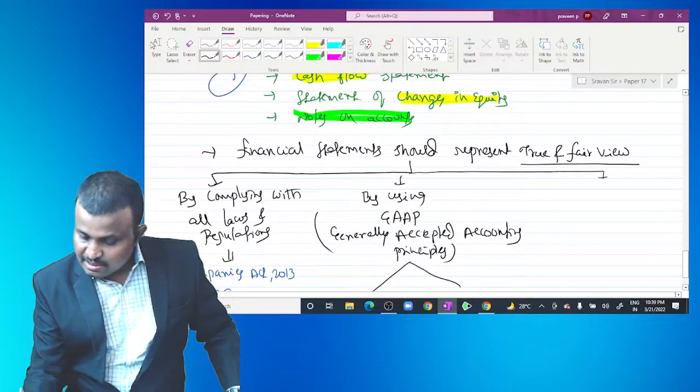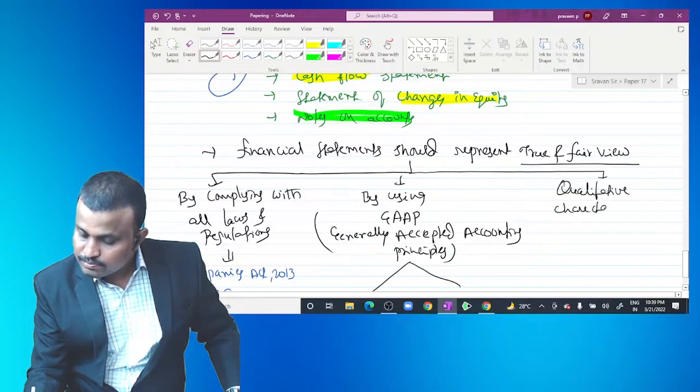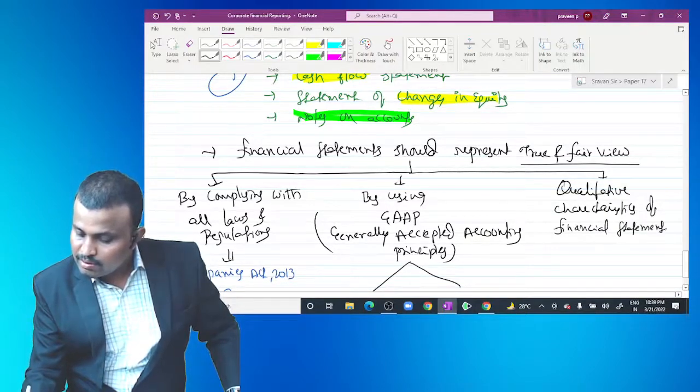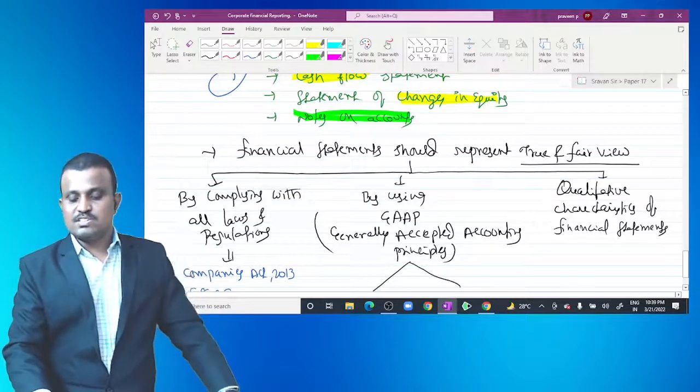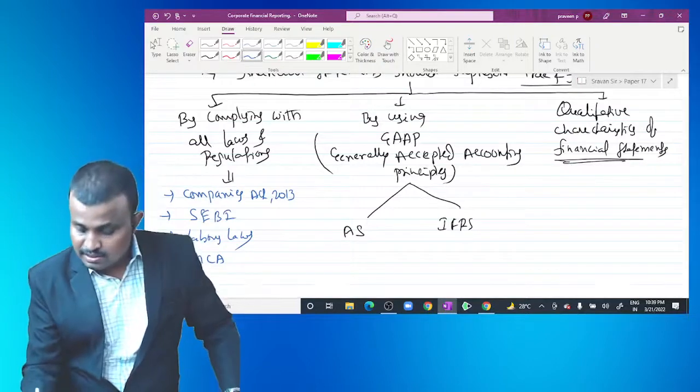And the next one is the qualitative characteristics of financial statements. Qualitative characteristics are nothing but what?